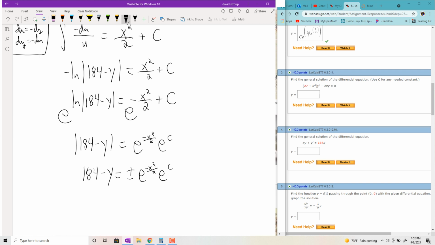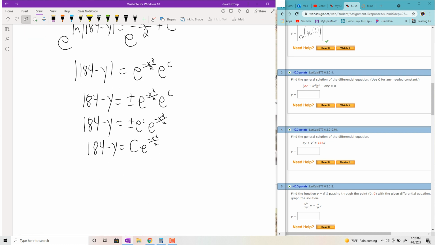And then I'm going to rearrange things on the right and replace it with a, so it would normally be plus or minus e to the c. I'll just write it. X squared over 2. So you get 184 minus y equals a big C, e to the negative x squared over 2.